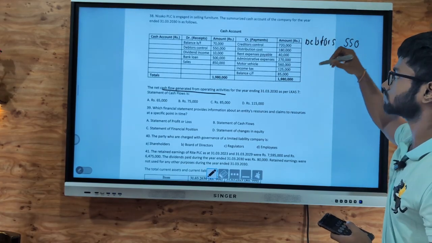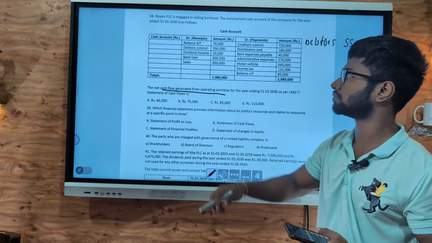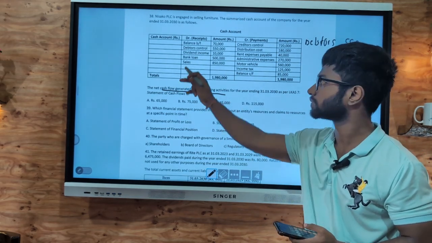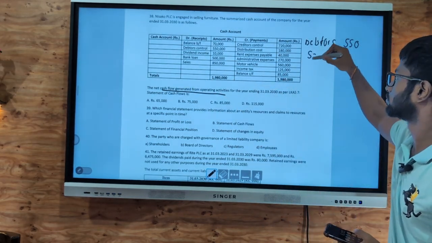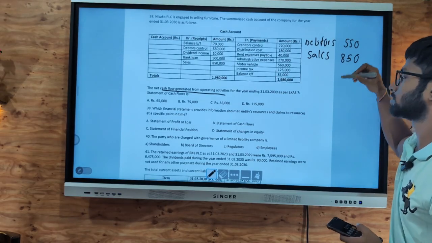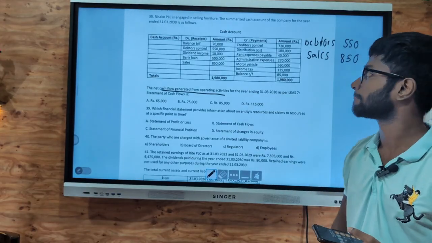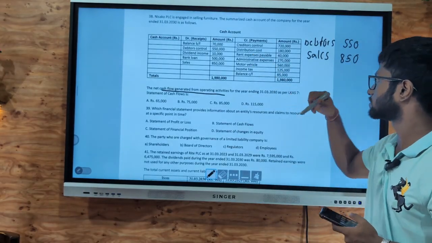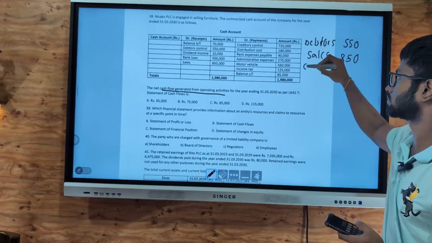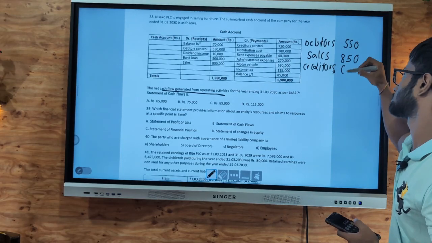Debtors you have 550. Dividend income goes under investing. Bank loan, financing activity. Sales you have 850, so that affects cash sales, your day-to-day operations. Then if you take the payments, you have creditors, daily you have to make those payments.